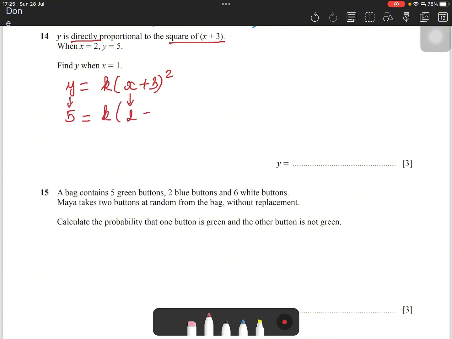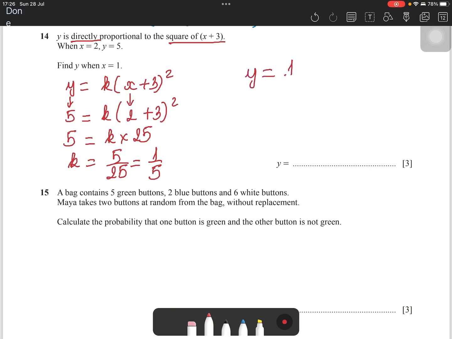K multiplied by 2 plus 3 all squared. 2 plus 3 is 5, which means 5 squared is 25. So k is equal to 5 divided by 25 equals 1/5. And the expression is y equals 1/5 multiplied by x plus 3 squared.